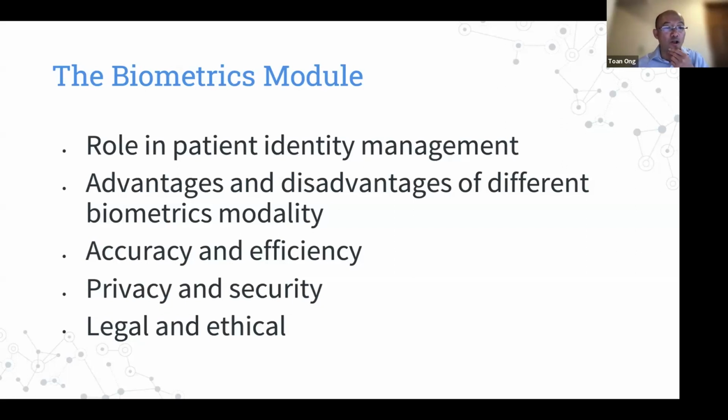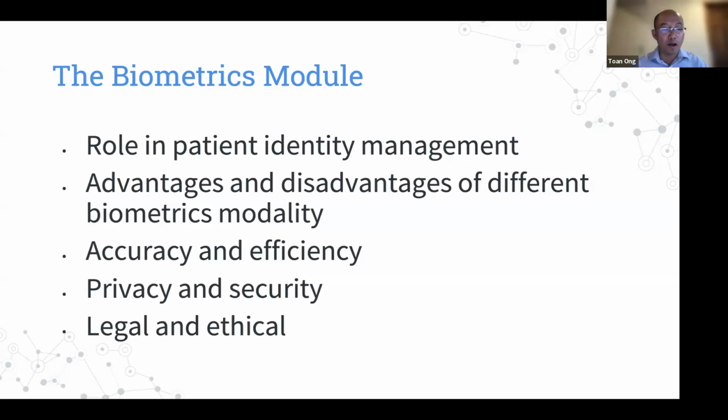And then we also talk about accuracy and efficiency. As we all know, it's not very efficient to primarily use biometrics at, for example, the national level. That's very, very large scale. So we need extensive consideration when we try to use biometrics at scale.